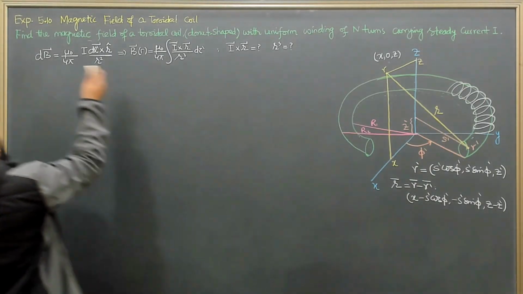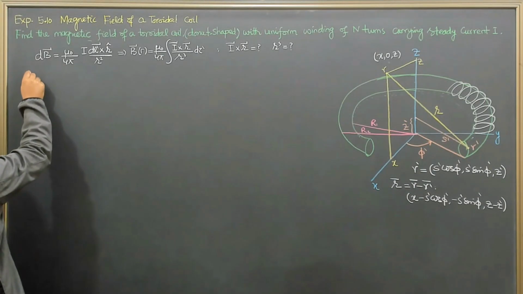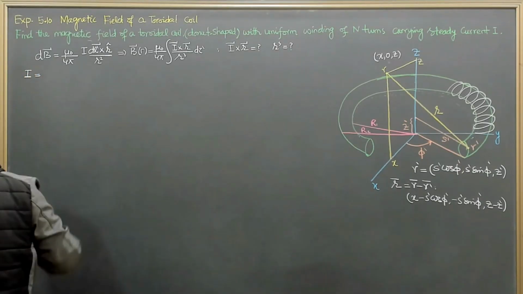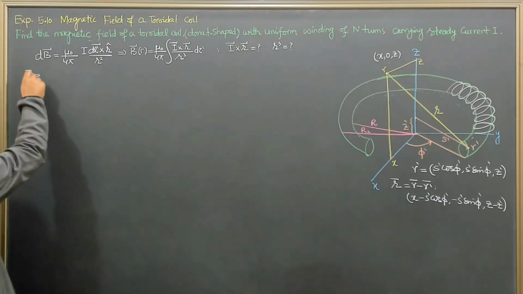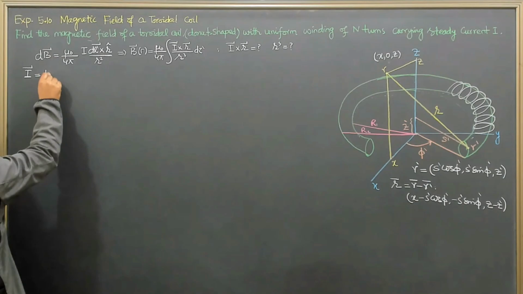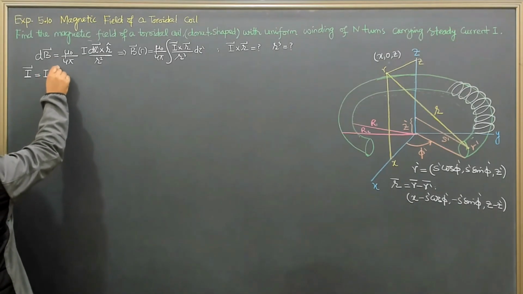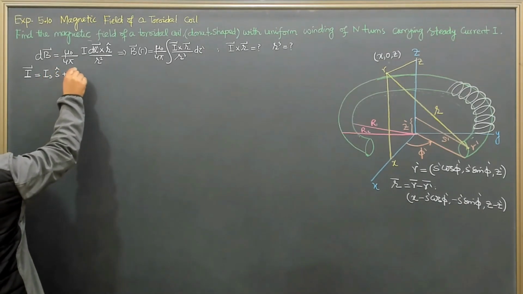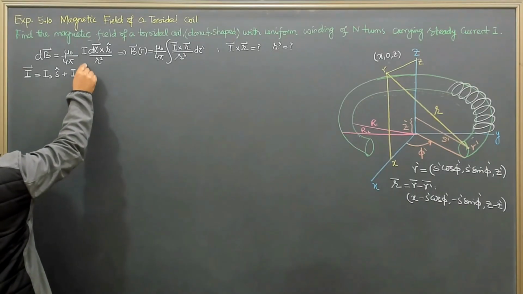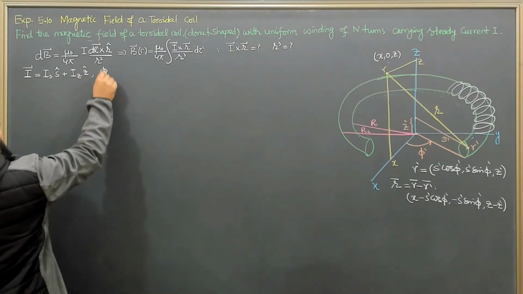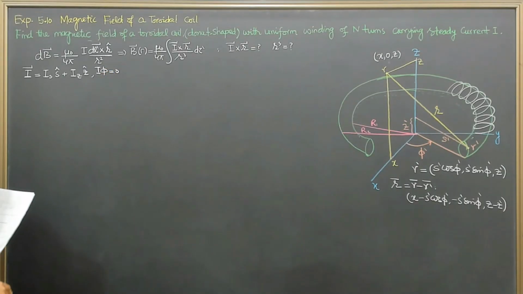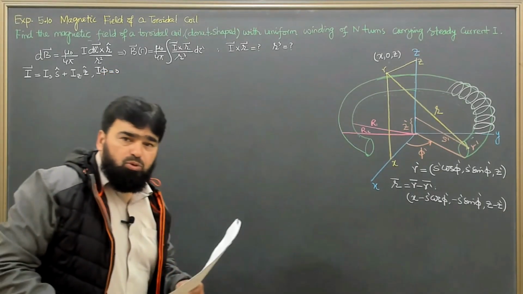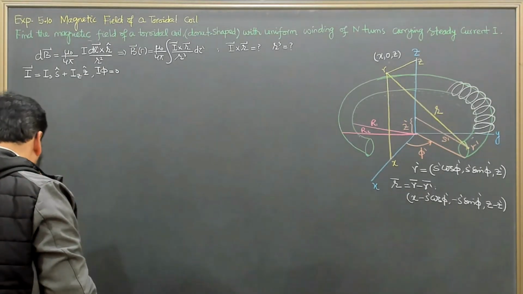So I can say that the current vector I is a combination of IS in the S unit vector and IZ in the Z unit vector, and we have no azimuthal component, so I phi is equal to 0.